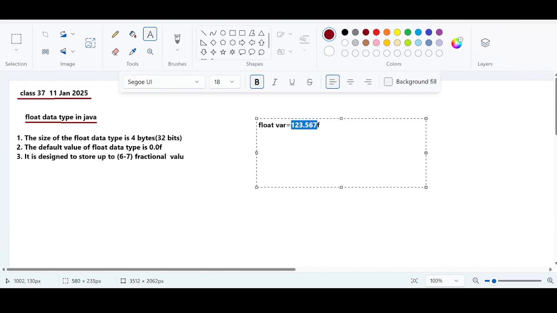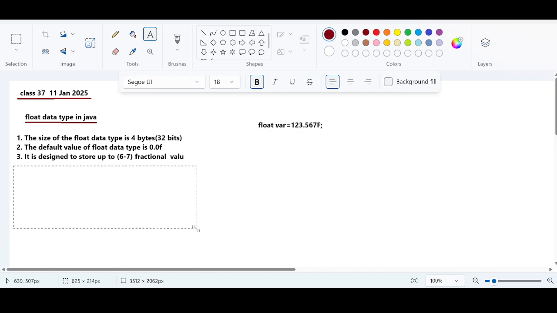And you need to place a semicolon. So this is the complete declaration of the float data type.